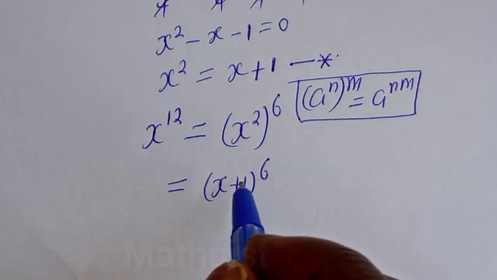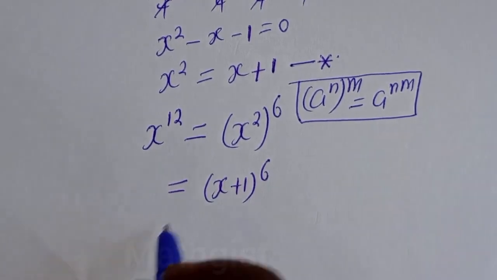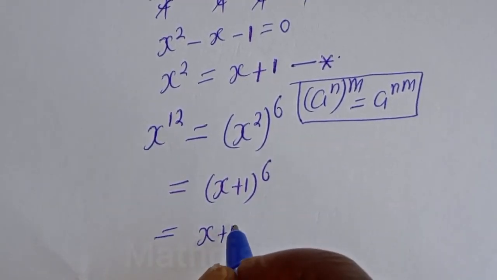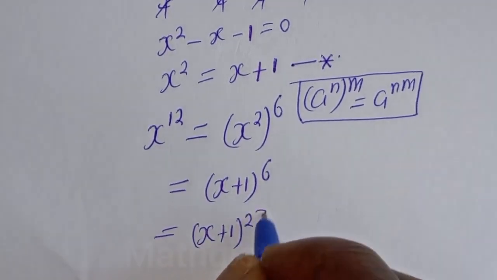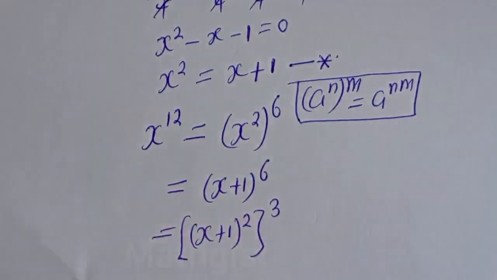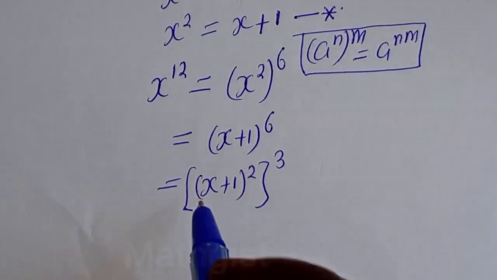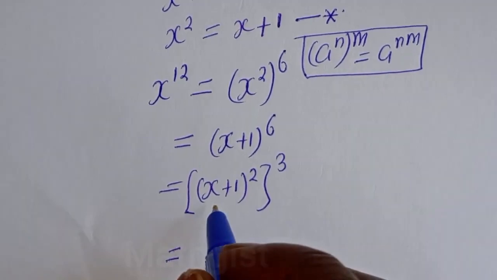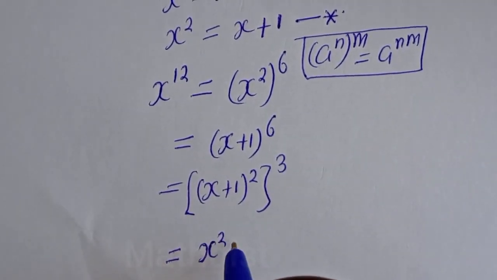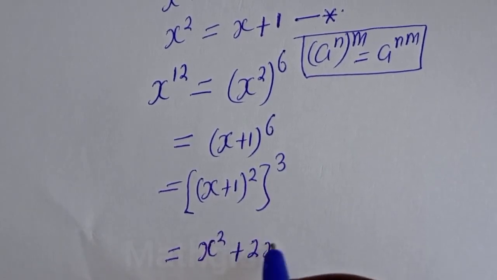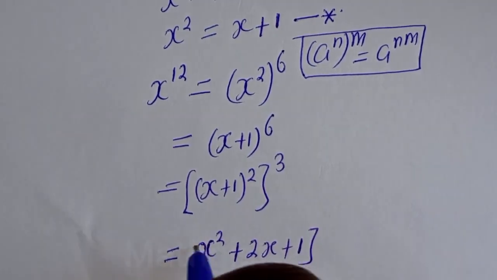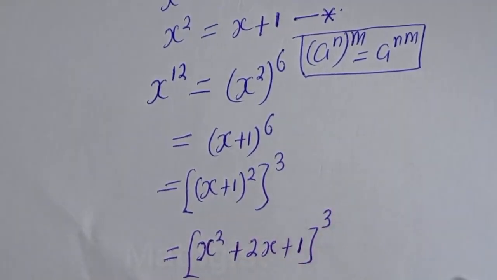Also, x plus 1 to the power of 6 can be written as x plus 1 squared, all raised to power 3, from this same rule. And x plus 1 squared is x squared plus 2x plus 1, to the power of 3.